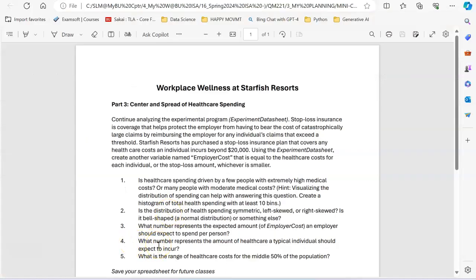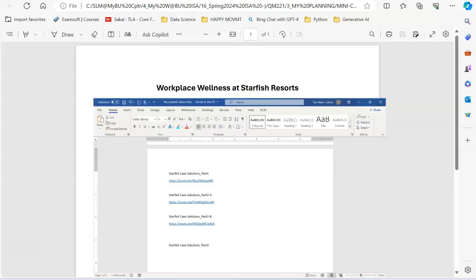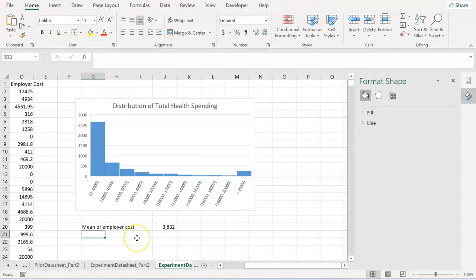Question 4. What number represents the amount of healthcare a typical individual should expect to incur? So since it says here typical, that means we should ignore the outliers. So the measure here that doesn't get affected by outliers is the median. So for this question, we're gonna get the median. So median of employer costs.